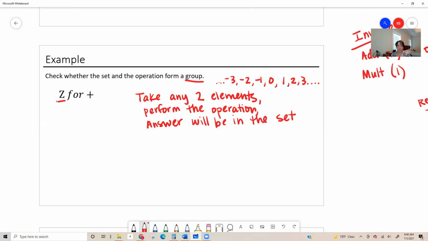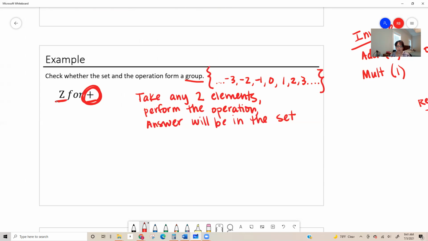All right, so here's my set. My set is all of my integers. They gave me the set. And they want to know if this will form a group for addition. So basically, if you take any two elements from the set and you add them together, the answer is going to be also in that set. So let's just try it out.